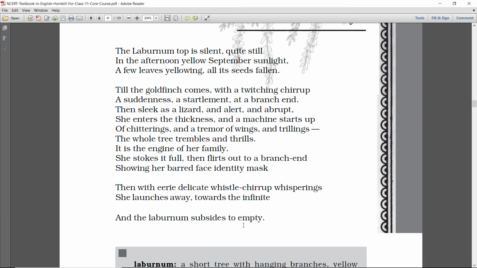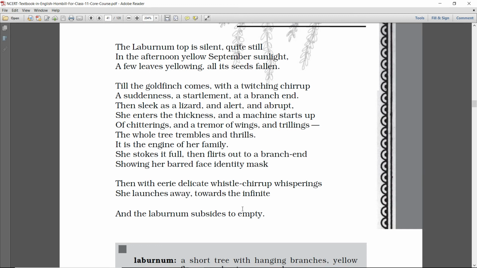And the laburnum subsides to empty. At the end, the laburnum tree is again back to square one. Again, it is the same tree which was there in the beginning of the poem. But yes, there is only one difference, that the tree did not feel emptiness earlier, before meeting the bird. So that is the slight change here.